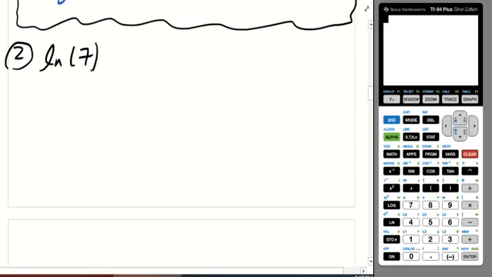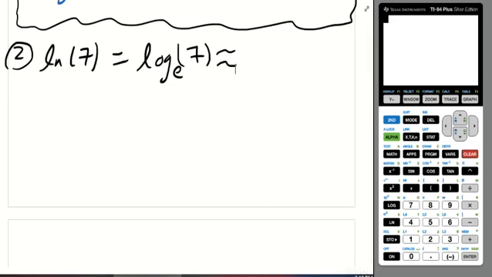So if it were ln of 7, we could just type this into the calculator. This is not a whole number. ln of 7 is really log base e of 7. This is actually not even rational, so the only way we can get a decimal approximation is to type it in.